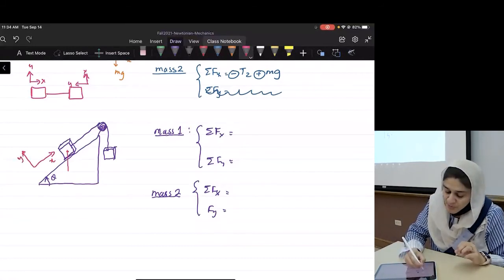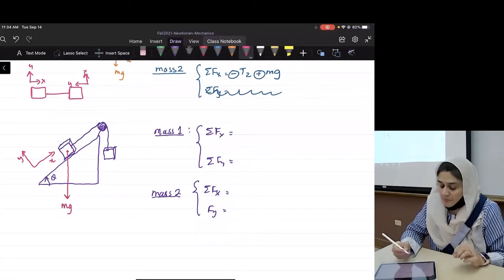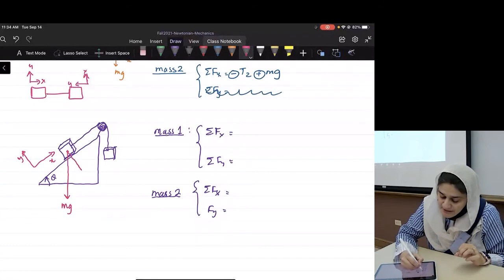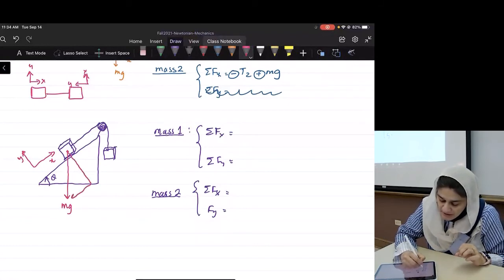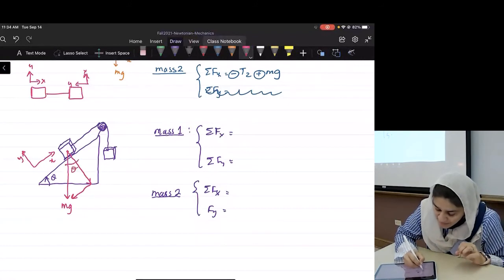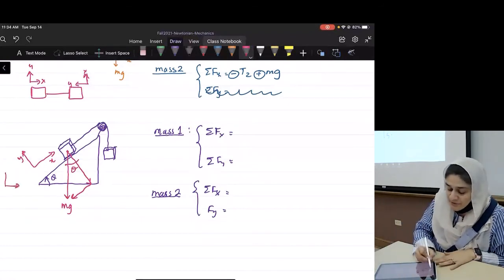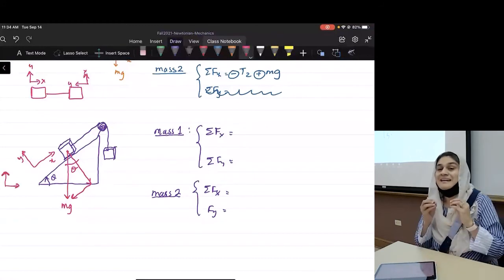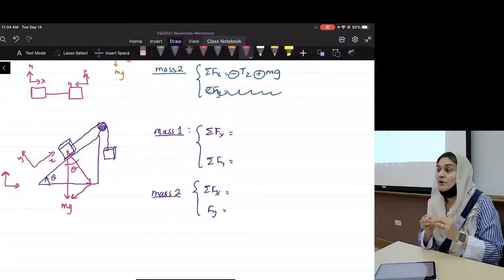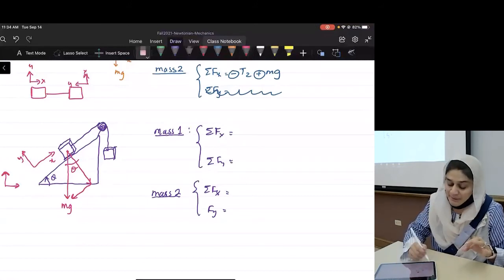G always points down, mg, which means all I have to do is, and know that this angle will always be theta. If you choose your coordinate system to go like this, you will have to change every single one of your forces, which is really difficult and a pain.